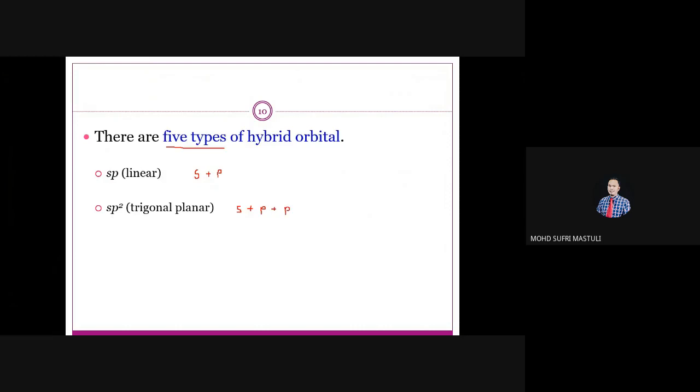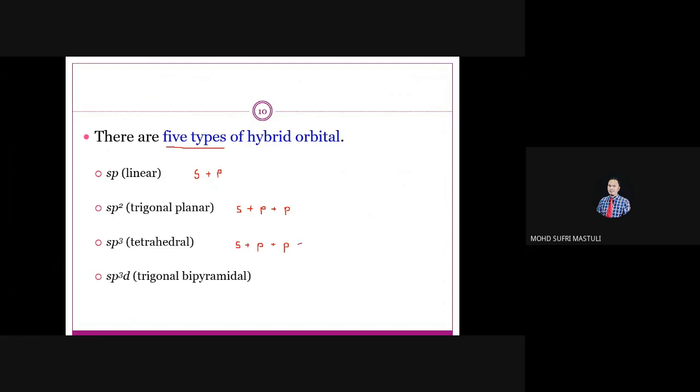The third hybrid orbital is sp3. So you can predict 1s and also 3p. Okay, the fourth hybrid orbital is sp3d.